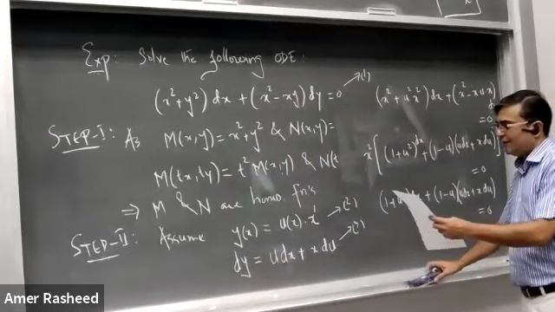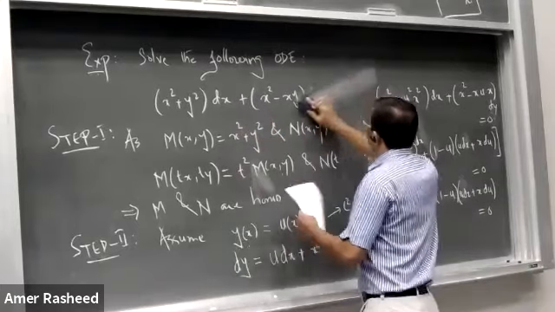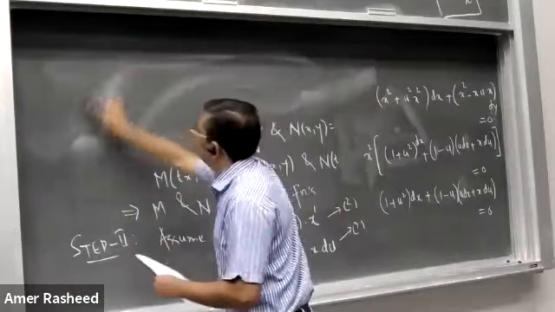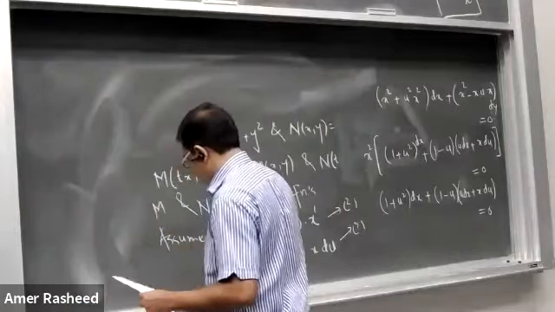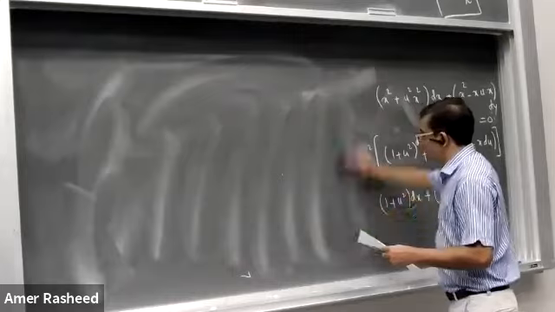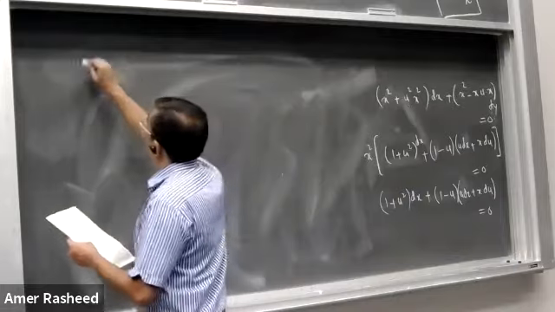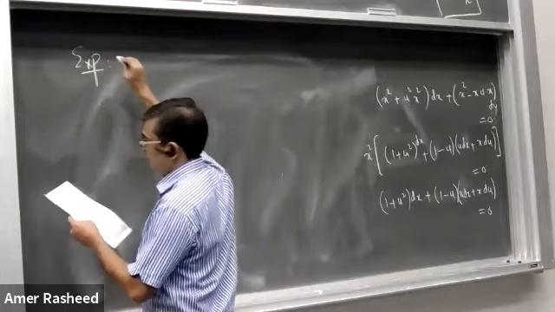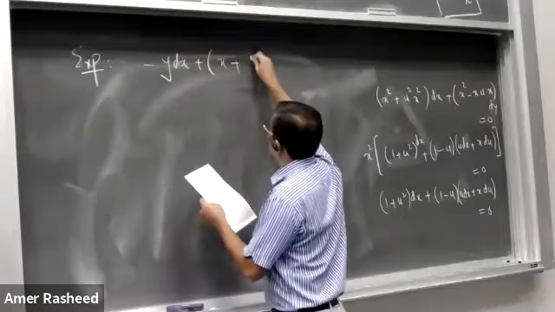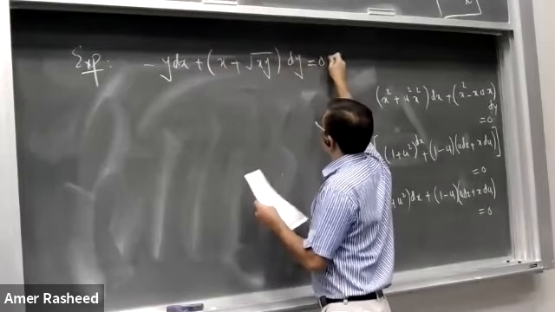If you don't have any questions, let us see another possibility of homogeneous ODEs. Another example of a homogeneous equation: negative y dx plus x plus square root of xy dy equal to 0.